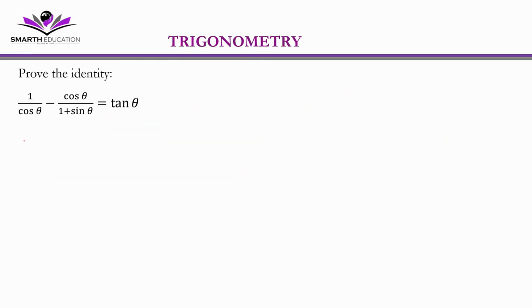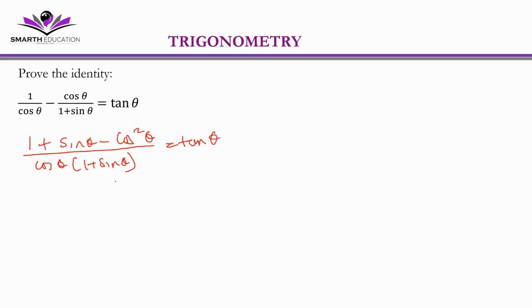So we have 1 plus sine theta minus cos squared theta over cos theta times 1 plus sine theta, is equal to tan theta. You don't need to do all the methods, just one is fine. I'm just showing you here so that we can understand all three.